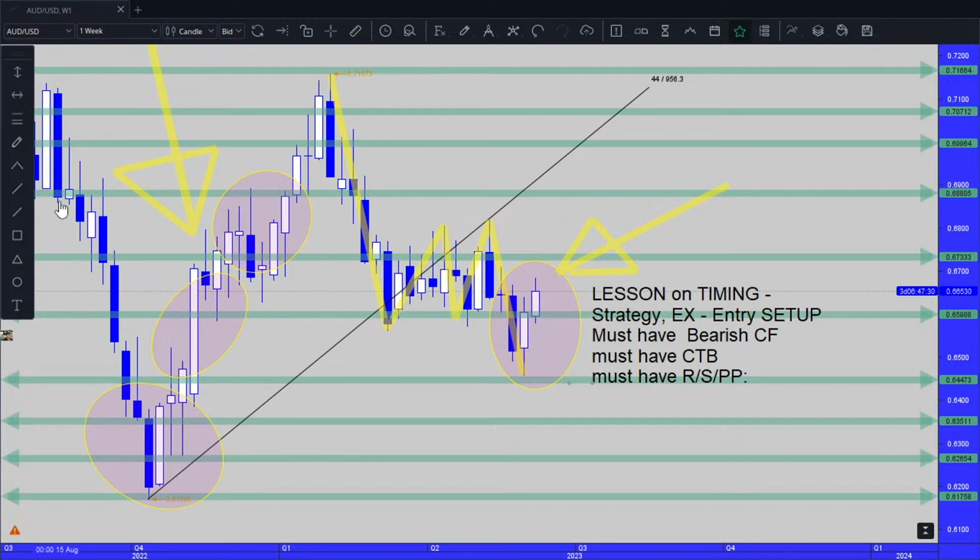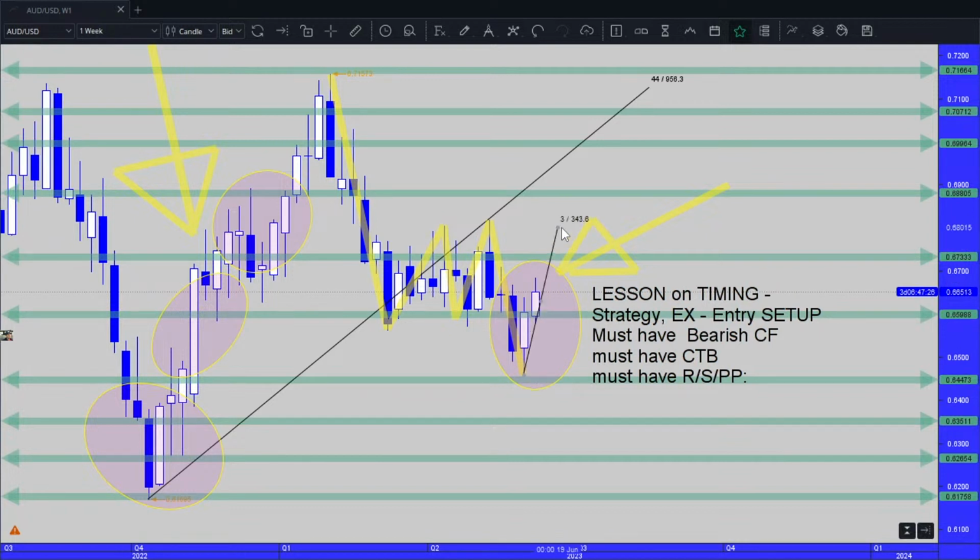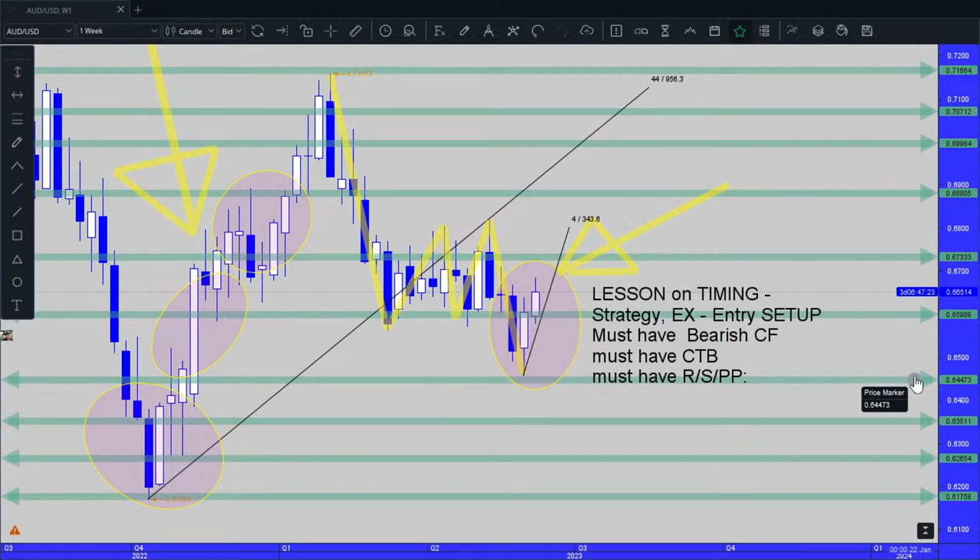I must have a counter trend line break, and the reversal must be at some level of past resistance, support, pivot point. Yes, I have a 20 second delay in the chat. Ernesto says no. Alright, so not yet, right?